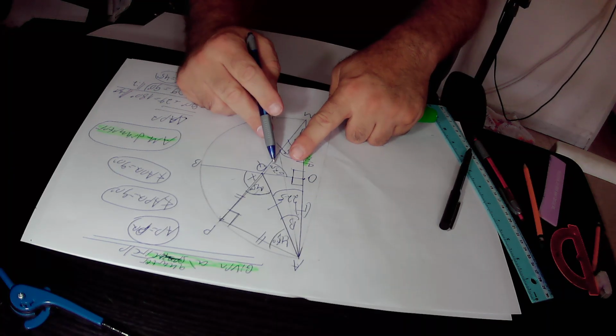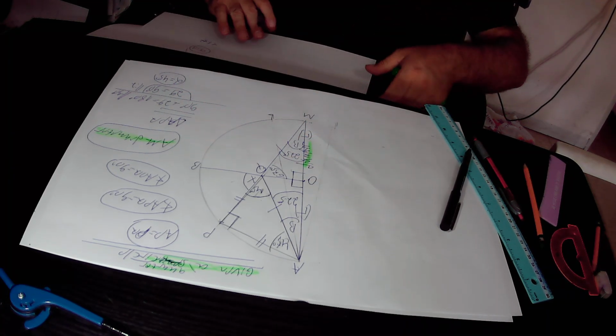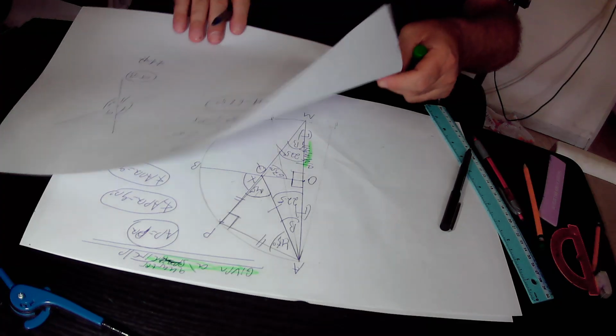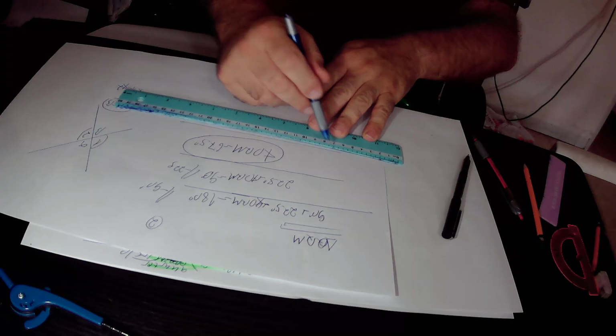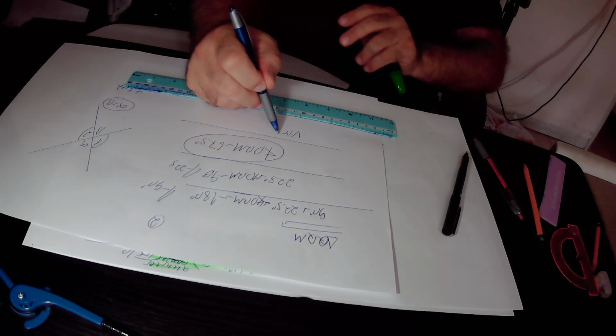Again, x equals 67.5 degrees, according to the rule that vertex angles are equal to each other.